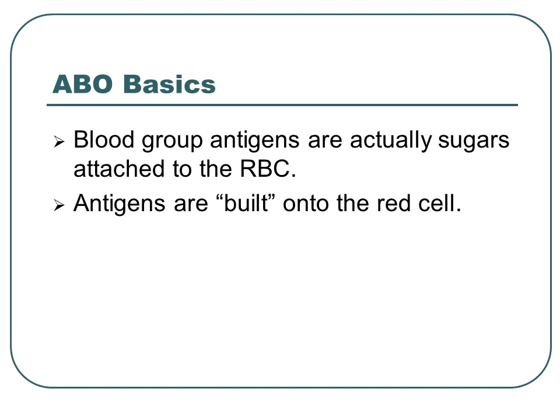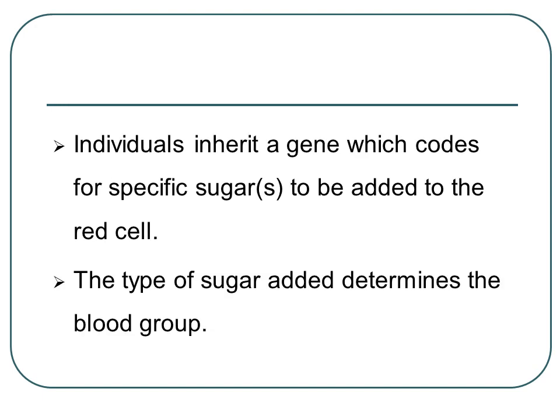Antigens are built on the red cells. Individuals inherit a gene which codes for specific sugars to be added to the red cells. The type of sugar added determines the blood group of the red cell.